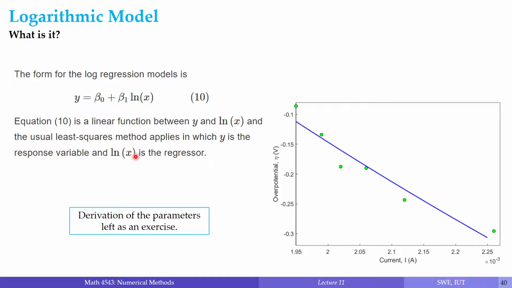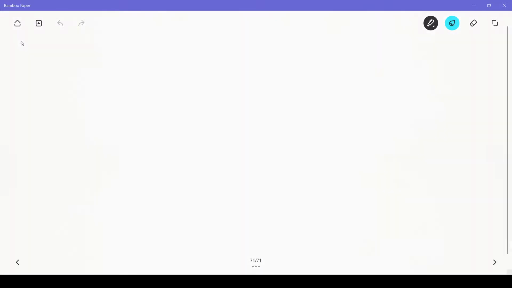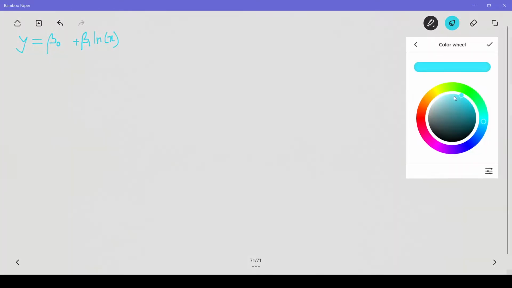Let's go back to our bamboo paper. Okay, so recall that our logarithmic model would look something like what? Y equals beta naught plus beta 1 times ln of x, right?